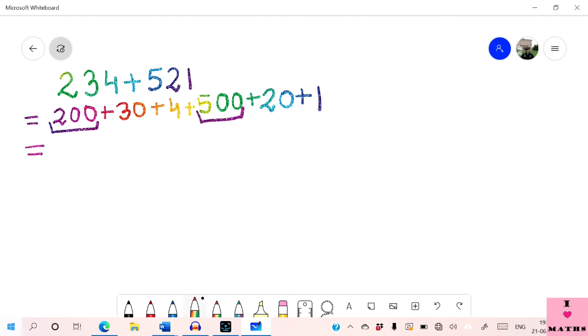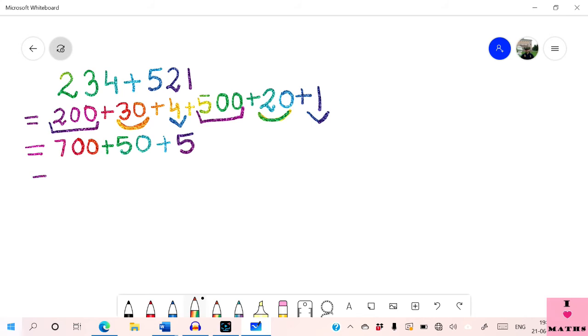So 200 plus 500 is 700. Now 30 plus 20 is 50. 4 plus 1 is 5.